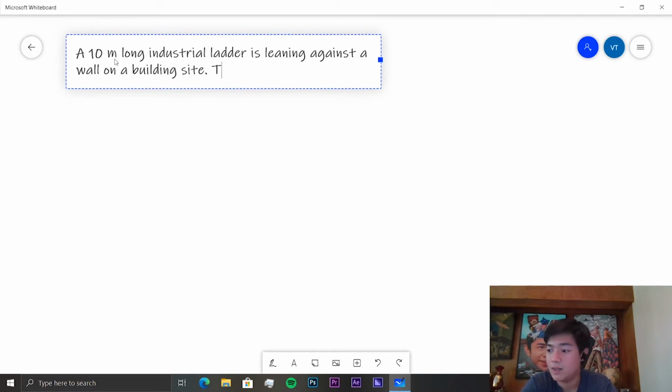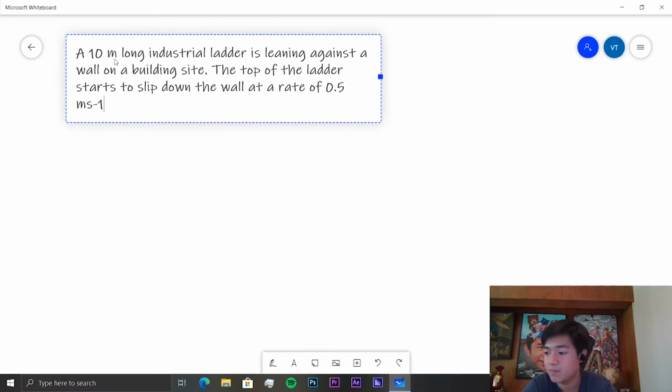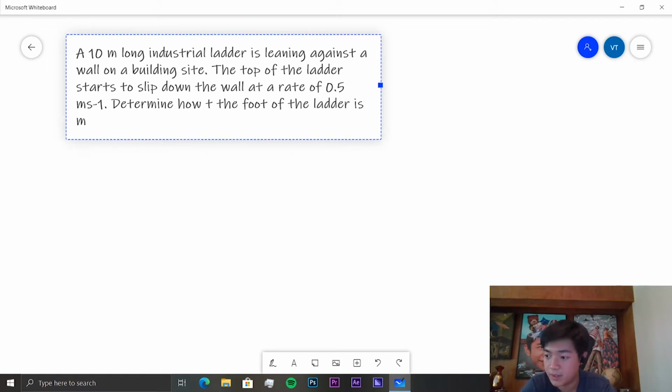The top of the ladder starts to slip down the wall at a rate of 0.5 meters per second. Determine how fast the foot of the ladder is moving along the ground when it is 6 meters from the wall.